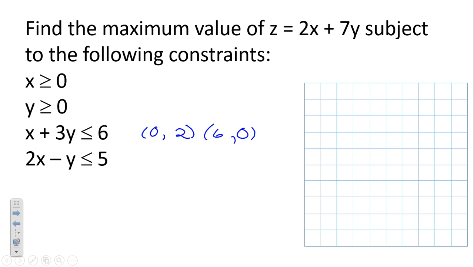All right, this line, when x is 0, what's y? And when y is 0, x is 5 over 2. 5 halves, 2 and a half, 2.5, whatever you like. Okay? So that helps us figure out where to put our axes.